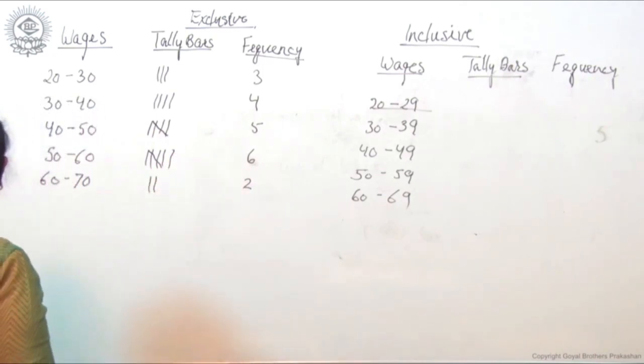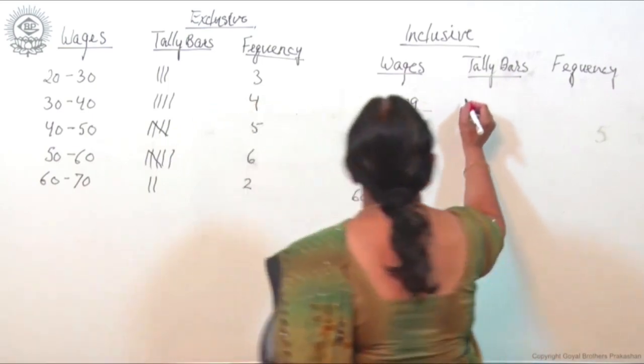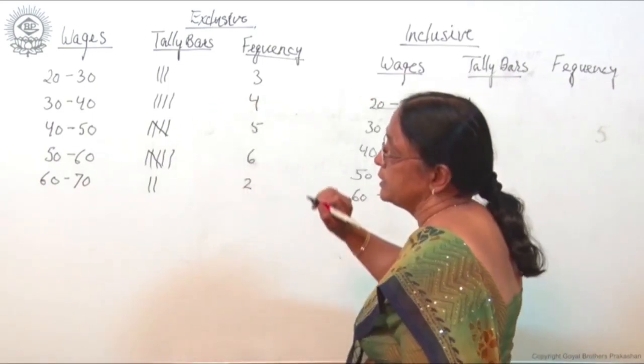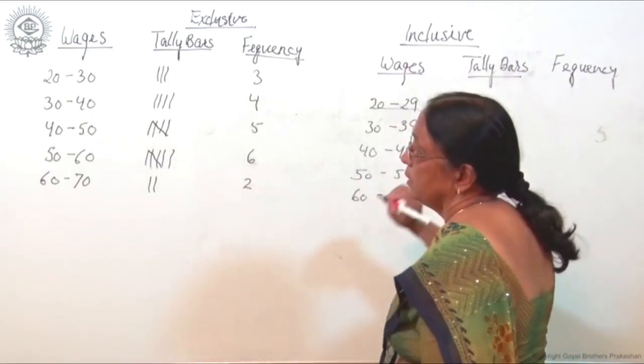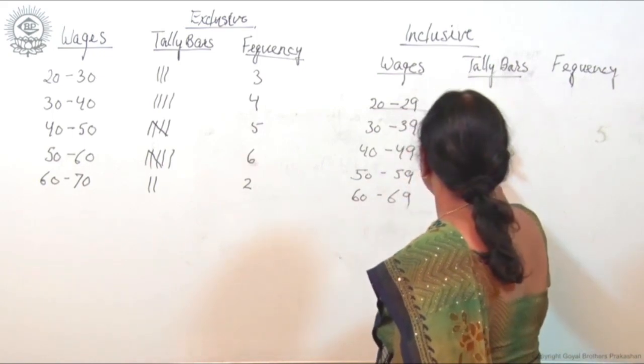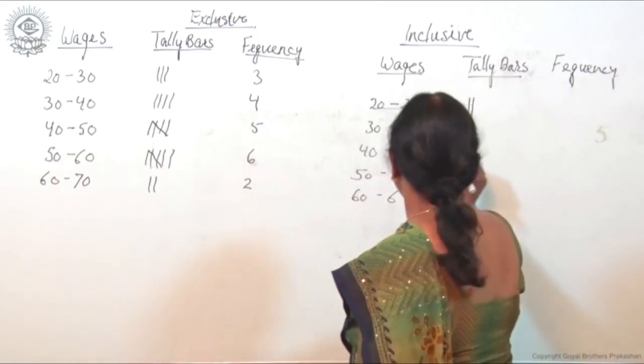Now see the data. First one is 22. You will add up 22 here. Second is 25. Then third is 38. Then 40.